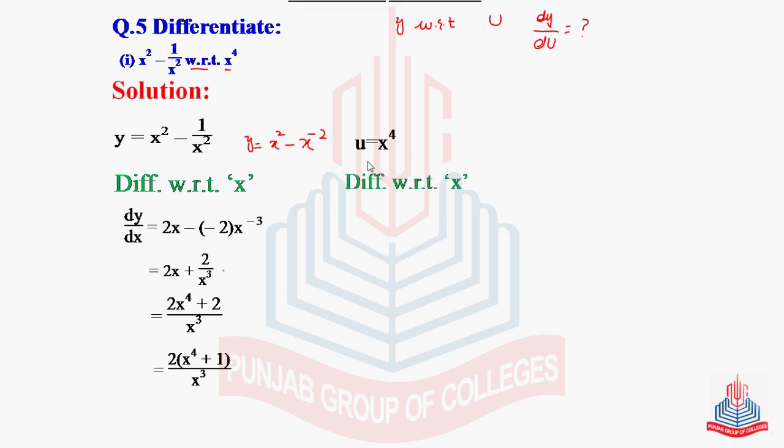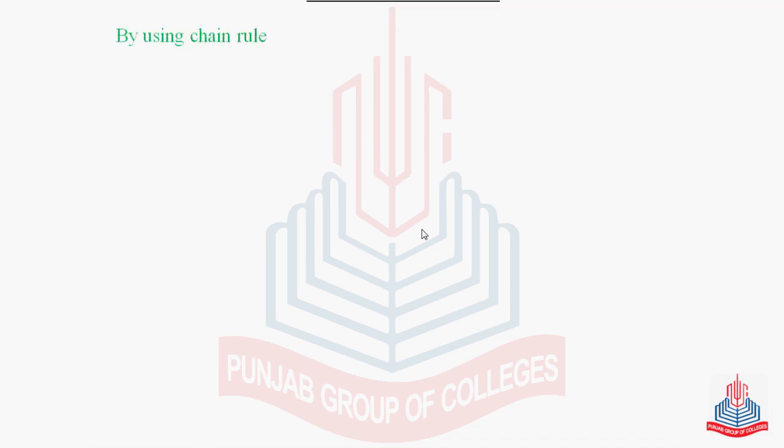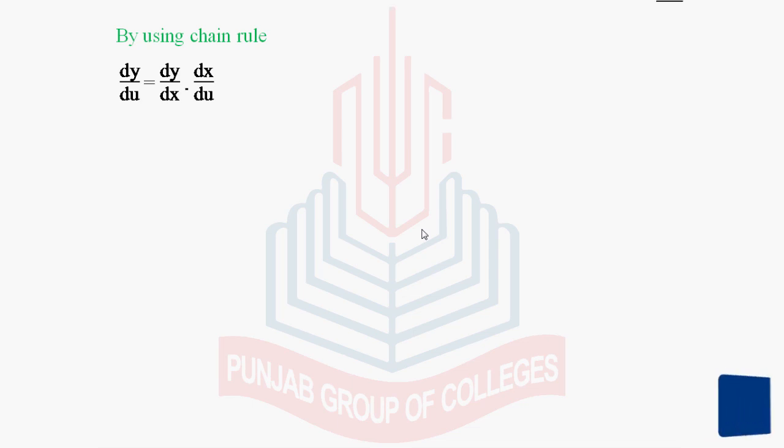Now differentiate this u with respect to x, that will become du by dx is equal to 4x raised to the power 4 minus 1, which will become cube. So 4x cube is our du by dx. Now by using chain rule, as we discussed earlier, we have to form dy by du, as we have to calculate the derivative of y with respect to u.